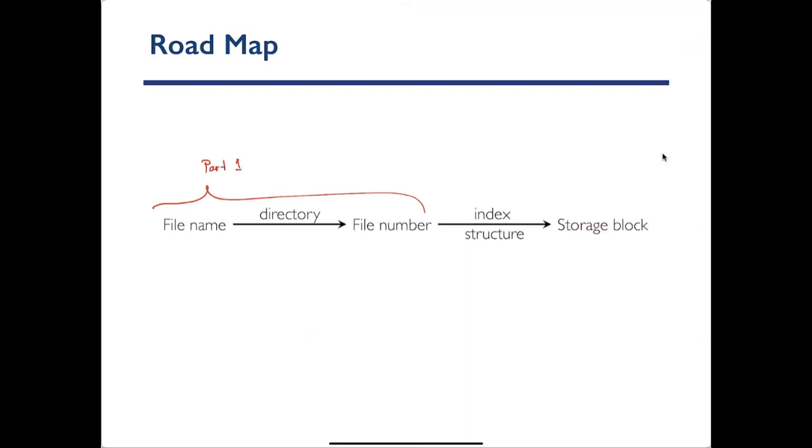In Part 2, we're going to be given a number, and then we're going to go and find the storage blocks associated with that file. Part 1 is easy and straightforward. Part 2 is where you have all sorts of different file systems, as we'll discuss. Okay, let's focus on Part 1 for now.